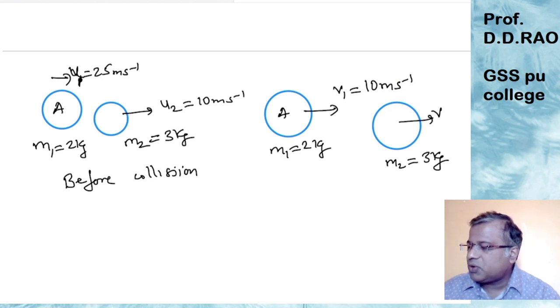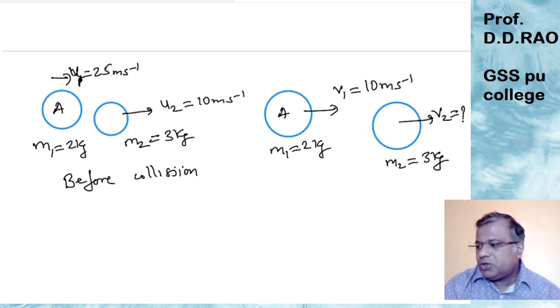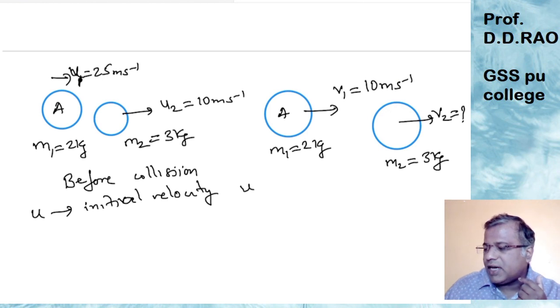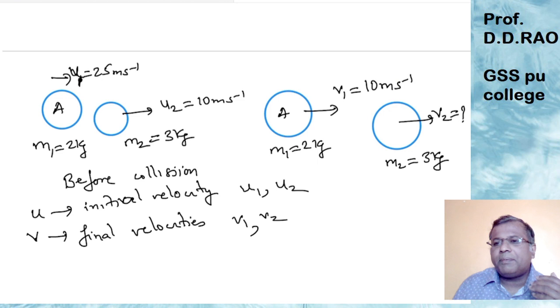My question to you all is, what is the velocity of this second object, that is v2? Before collision they had certain momentum, after collision they had certain momentum. Normally u is the term for initial velocities, so here we have u1 and u2. V is the term I will use for final velocities, v1 and v2. So how do I apply the law of conservation of momentum here?